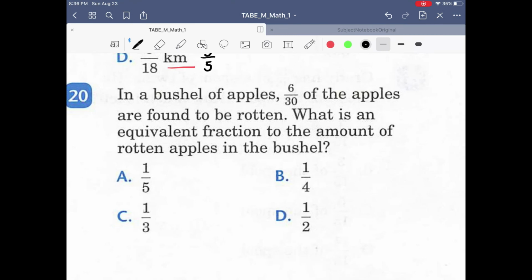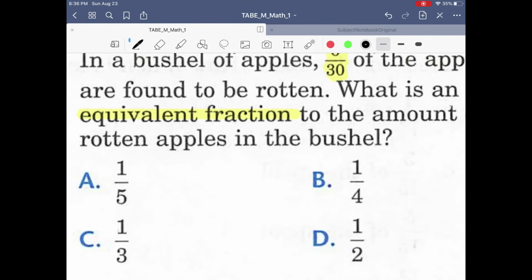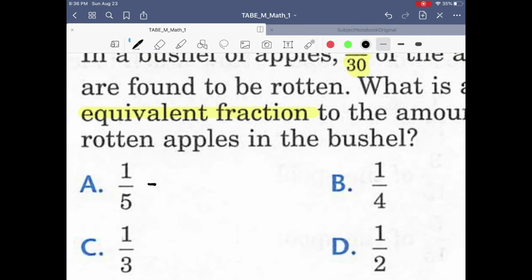And finally, number 20. In a bushel of apples, 6 out of 30 of the apples are found to be rotten. What is an equivalent fraction to the amount of rotten apples in the bushel? 6 out of 30.